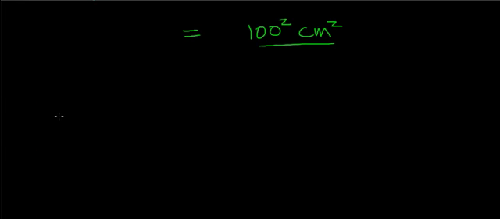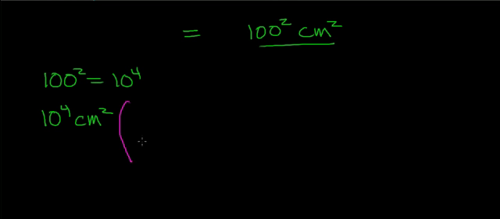I'll do that in one more step. If you really wanted to do this right away, I know that 10 squared is 100, so 100 squared is 10 to the fourth. So what I'm going to do is take 10 to the fourth cm squared and convert that over to inches squared.